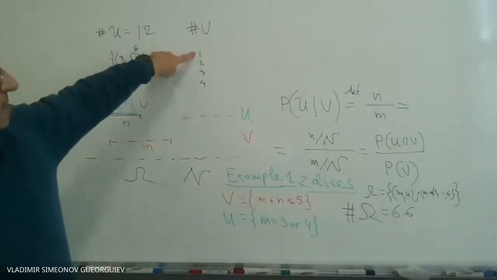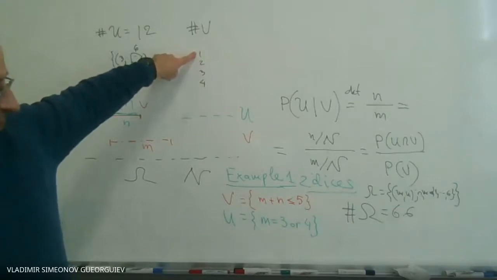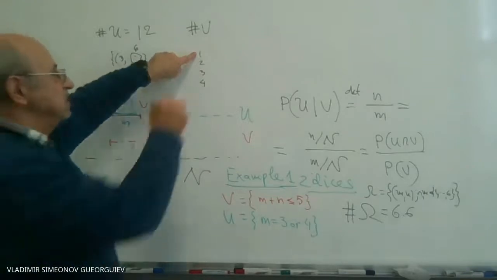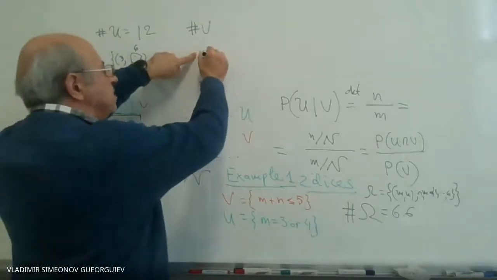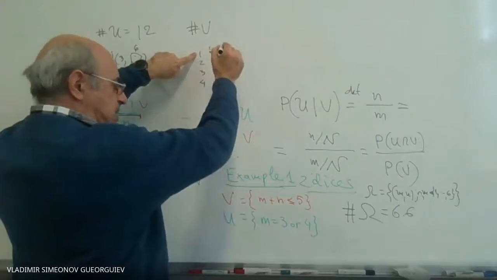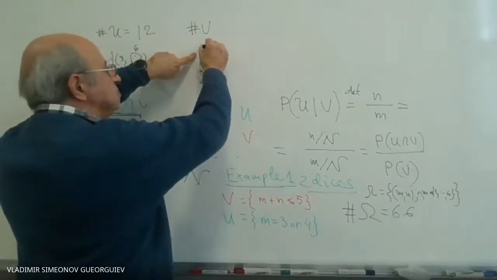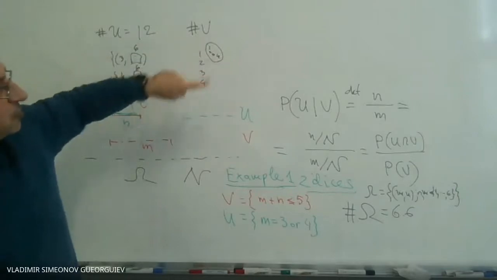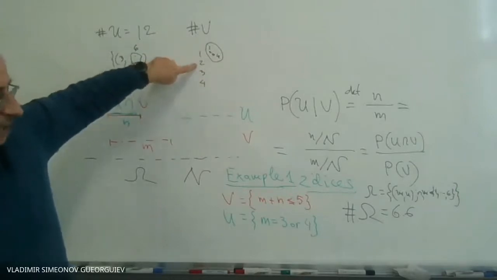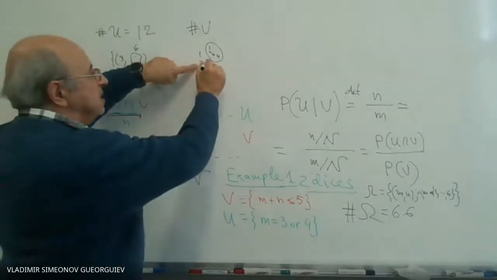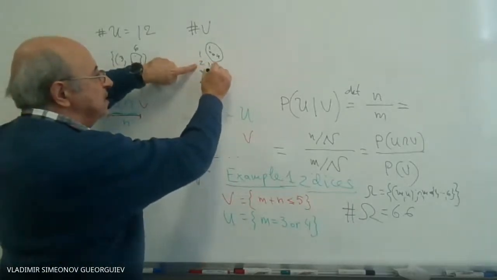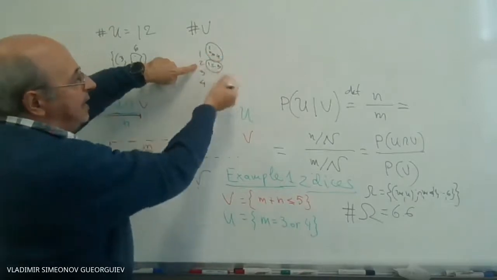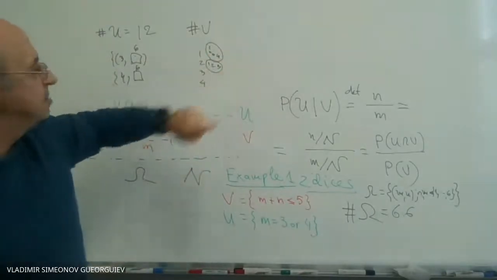So if M is 1, how many possibilities do we have? This is 1, 2, 3, and 4. So here we have 4 possibilities. If we have 2, how many possibilities? Now we have 1, 2, 3. This is admissible, and 4 is not admissible.